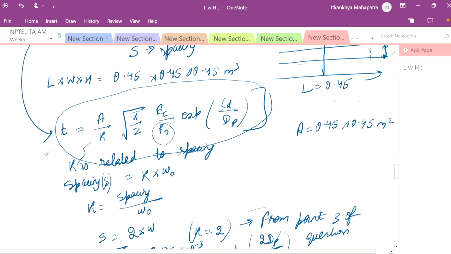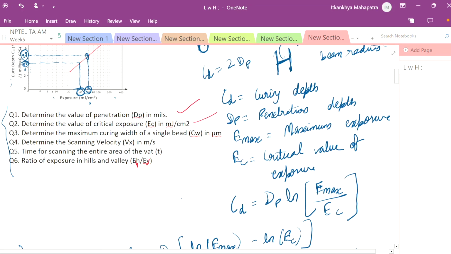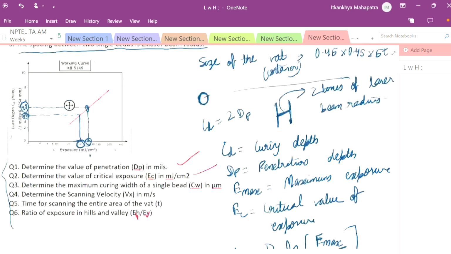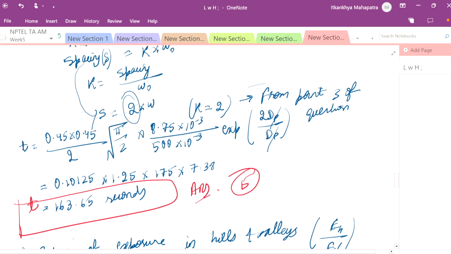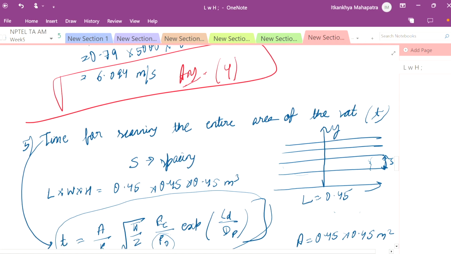It is given here that the spacing between two single beads is 2 into the laser beam radius, so S is equal to 2 into W naught. From there K is equal to 2. So here we substitute all the values and get the time required for scanning the entire area of the vat.